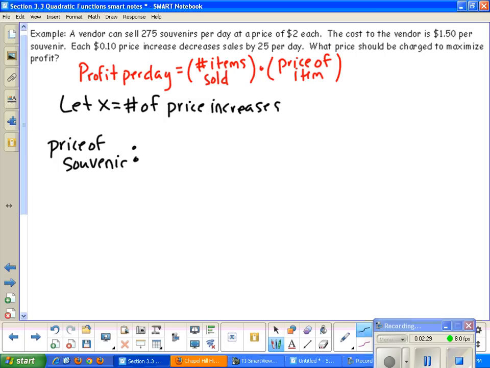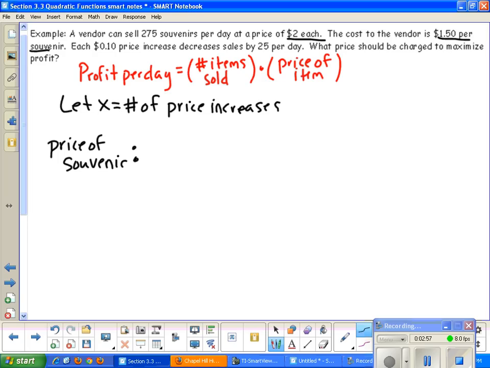If you look back to the problem, it says that a vendor can sell 275 souvenirs per day at a price of $2 each. The cost to the vendor is $1.50 per souvenir. So that's the second part that I need to look at. And then it says each 10-cent price increase decreases sales by 25 per day. What price should be charged to maximize profit?